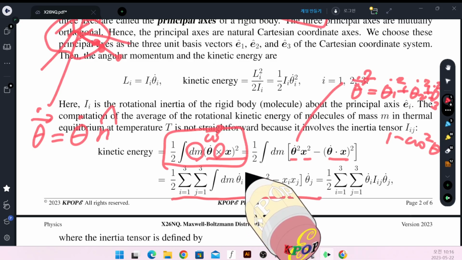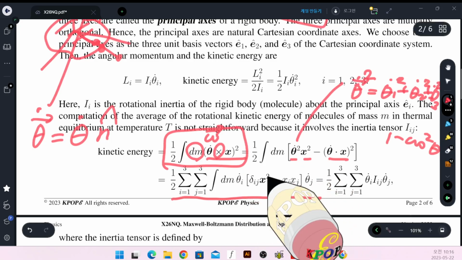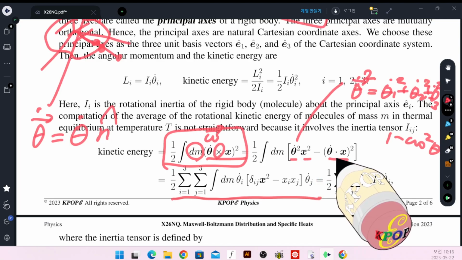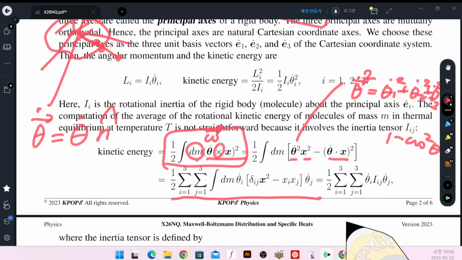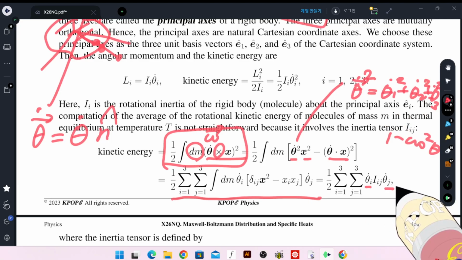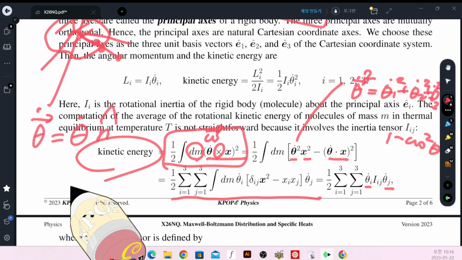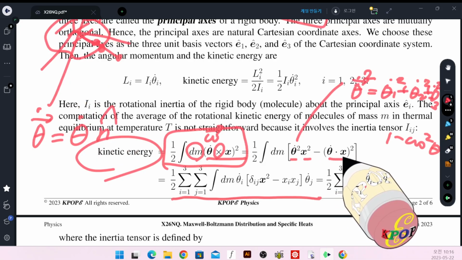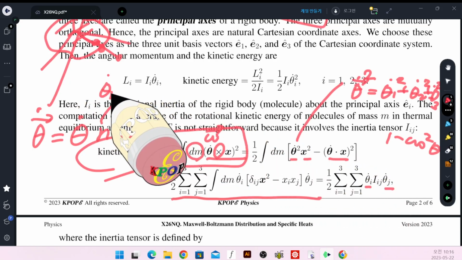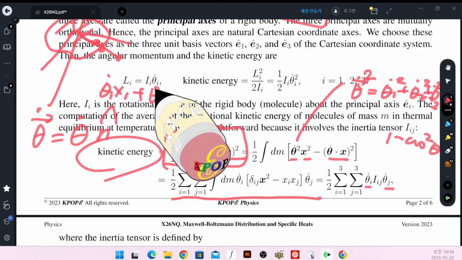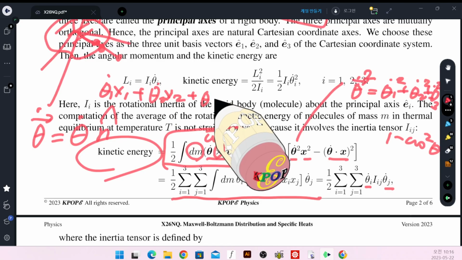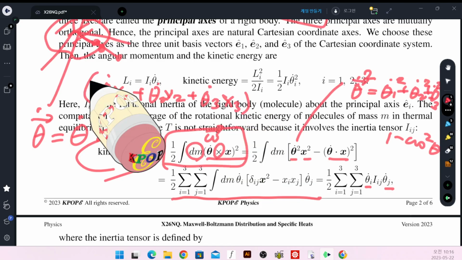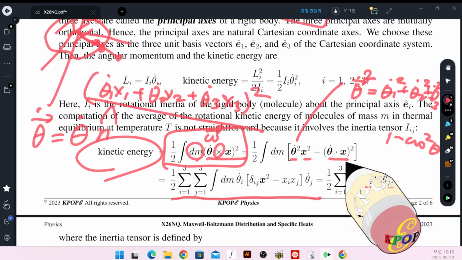And we find that a matrix appears in it. We find that different components of angular velocity appear together in the sum of the kinetic energy. Even if we fix the axis of rotation, in the expansion formula, for example, theta 1 dot x1, theta 2 dot x2, and theta 3 dot x3, we need to square this scalar product.